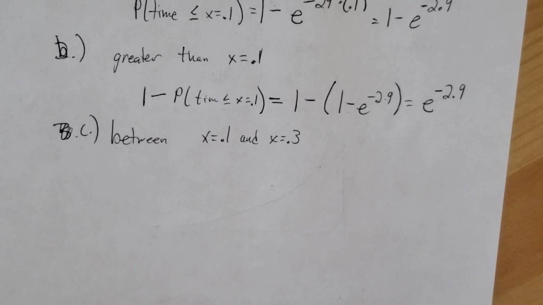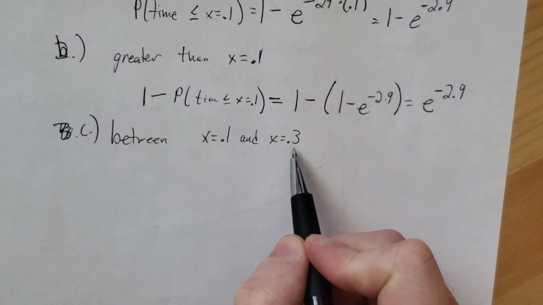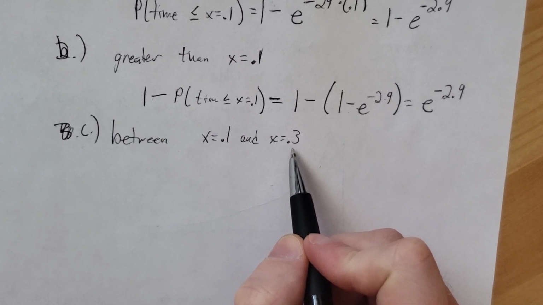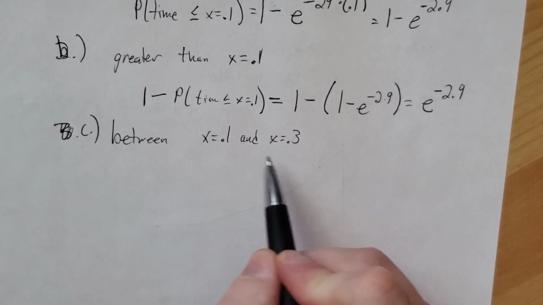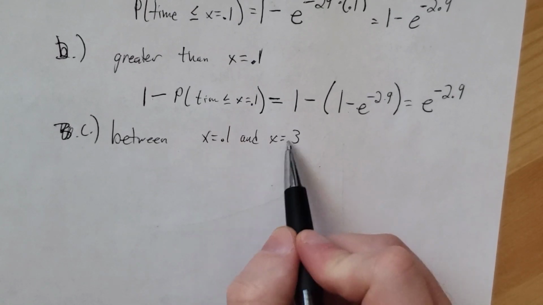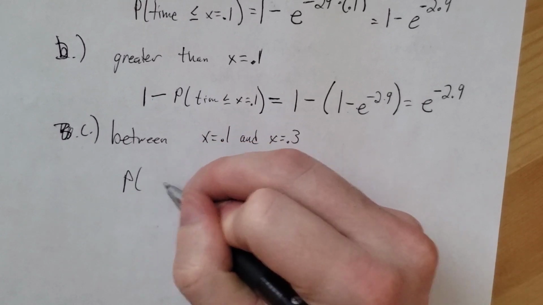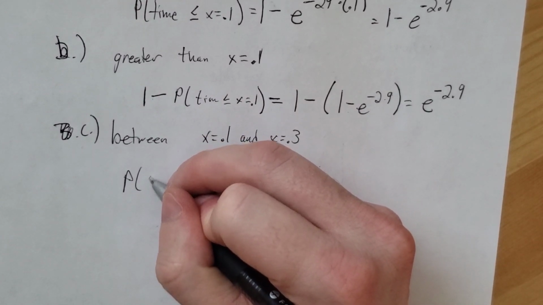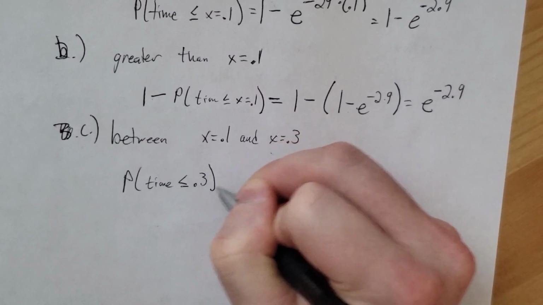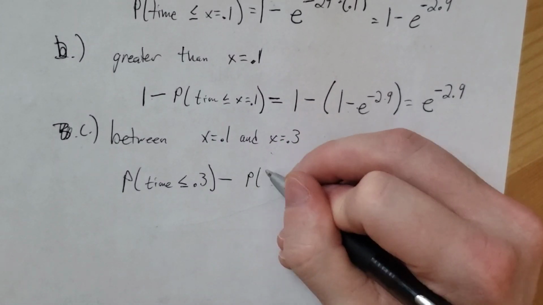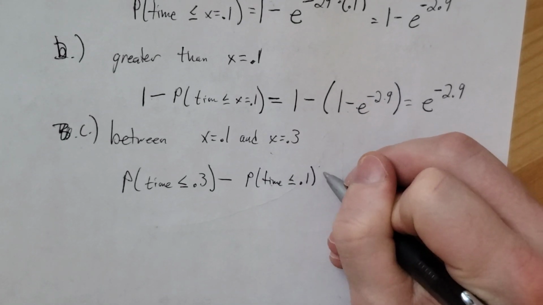Well, to do that, we can calculate the probability that the arrival time will be less than 0.3, and the probability that it'll be less than 0.1, and subtract this probability from this one. So this is the probability that time is equal or less than 0.3 minus the probability that the time is equal or less than 0.1.